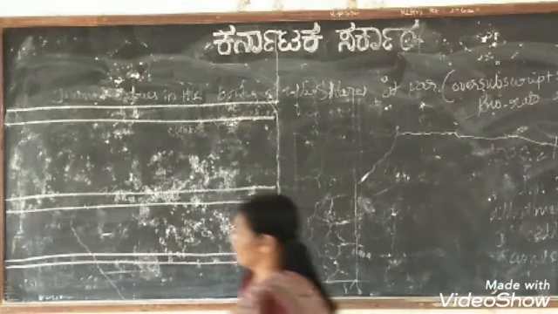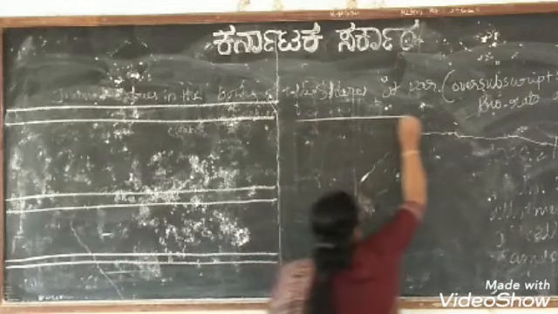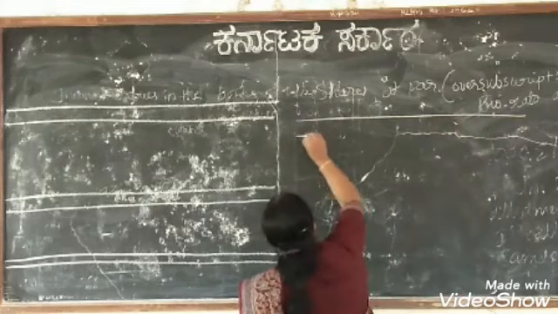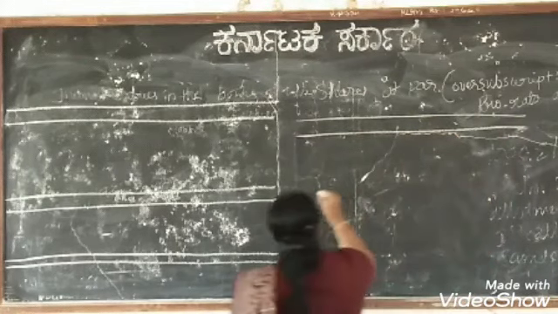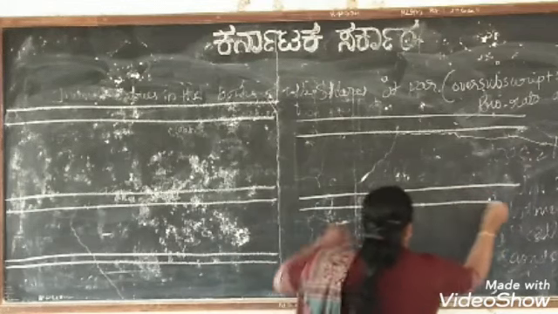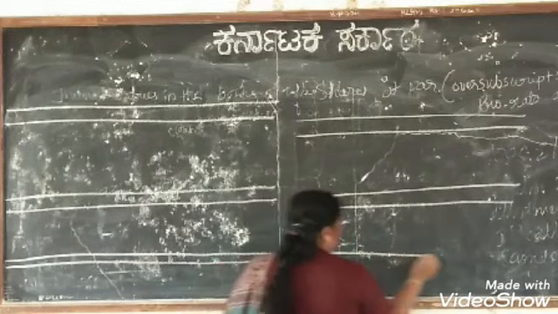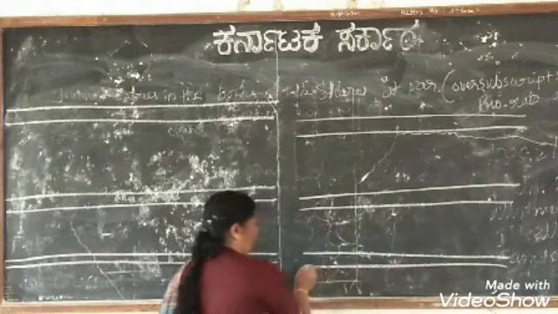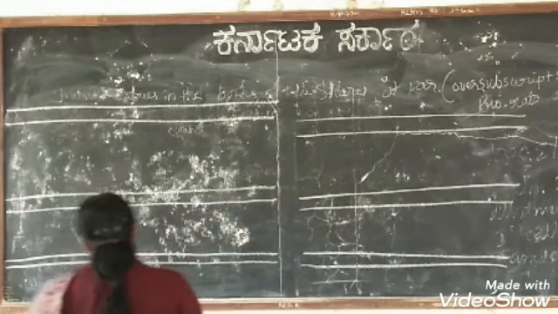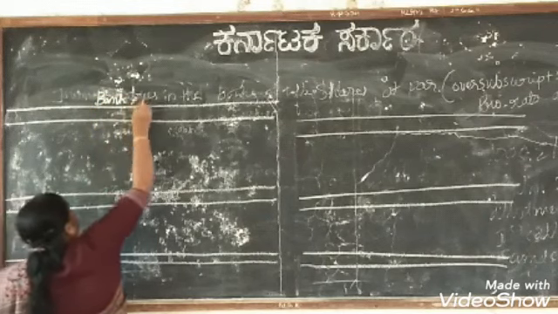Then share application money, share allotment, first call, final call. These are different calls, so we will do it. Bank account.